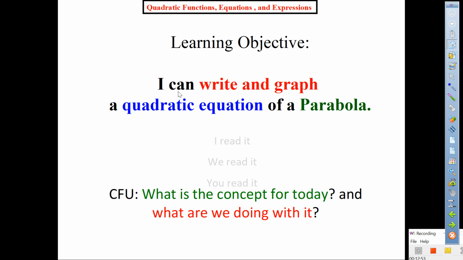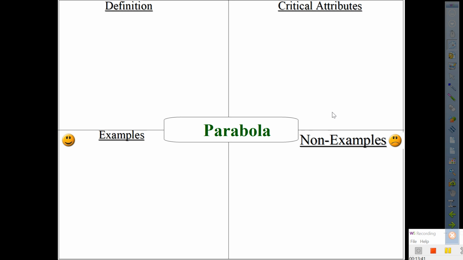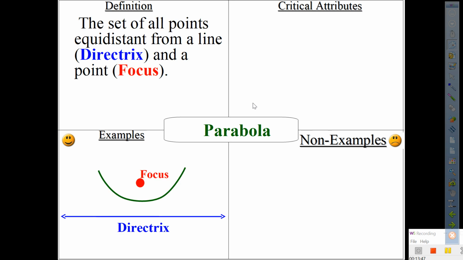All right, here we go. So, once again, I can write and graph a quadratic equation of a parabola. Our concept for today is the parabola; we don't need a Frayer model since we already have it. Yesterday you filled one of these, yes? From there, I showed you the standard form equation of a parabola.